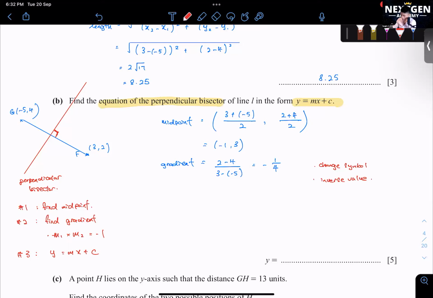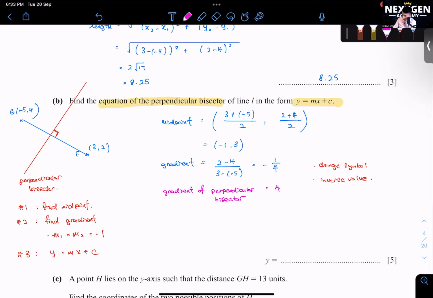So now we do the gradient of the perpendicular bisector. You don't need to use the m1, m2. Actually, we can just straight away write the value equals 4. This is a shortcut formula.